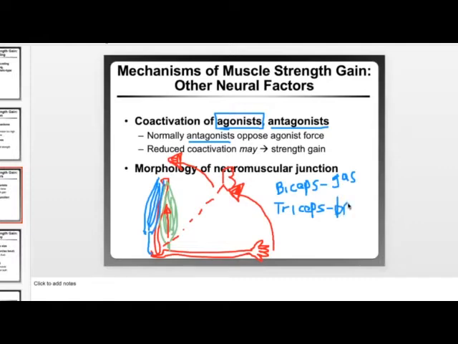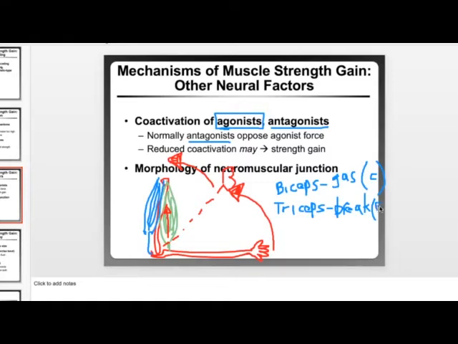So the gas pedal is the biceps, the triceps is the brake. And remember, the gas pedal, the biceps, is firing concentrically. And that means the brake pedal, the triceps, is going to fire eccentrically.